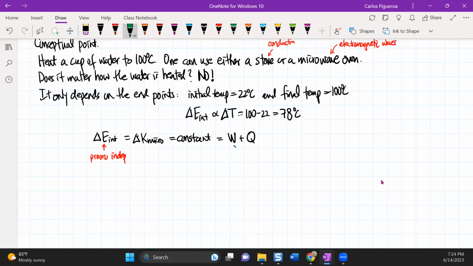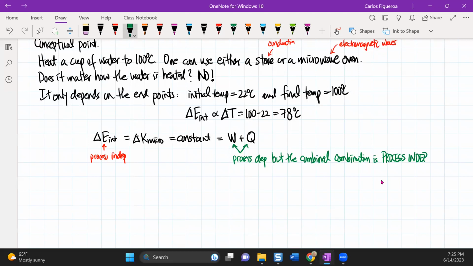And what we know about working and heating is that they are process dependent. But the combination is process independent.